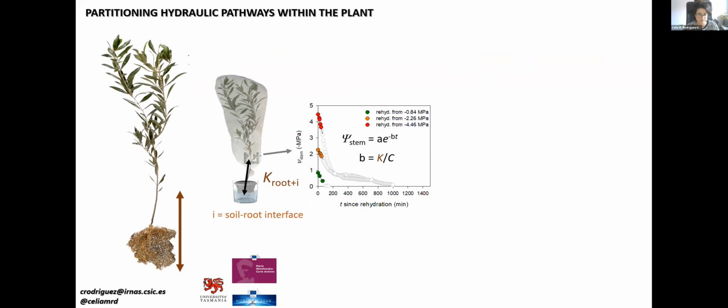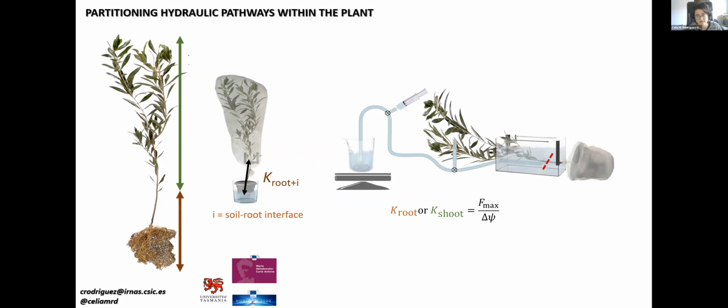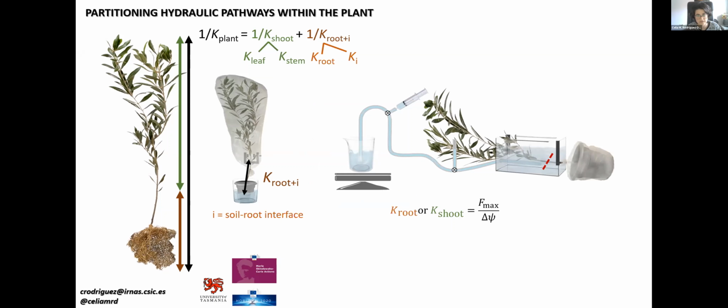By rehydrating the plants from the outside and monitoring the changes in stem water potential, we were able to measure the root hydraulic conductance plus the soil-root interface. Then, rehydrating the plants internally, we were able to measure the rest of the components of this hydraulic pathway, which are K root and K shoot, which include leaf and stems.